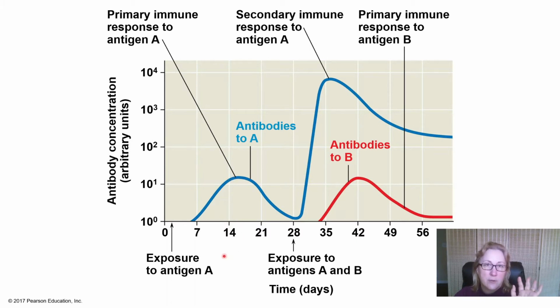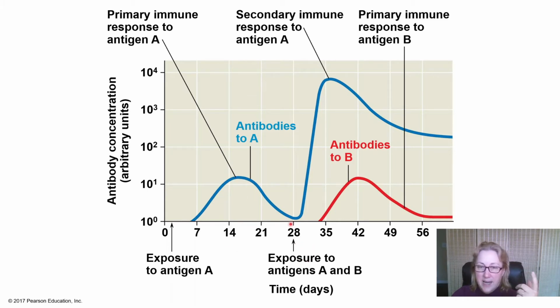So it takes about 2 weeks for that primary immune response to ramp up a really good antibody production. That's why for most viruses, even cold viruses, you're going to feel sick for about a week if it's something mild. That's about how long it takes to go from here to here.